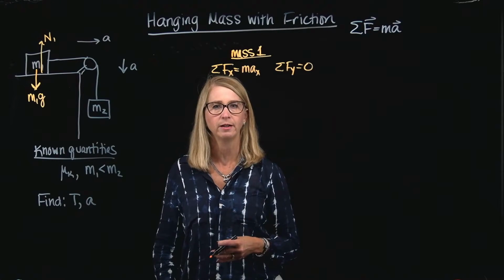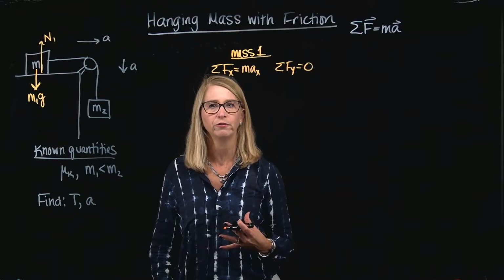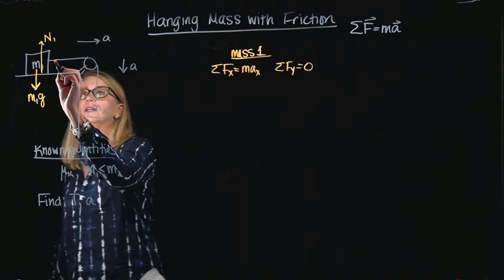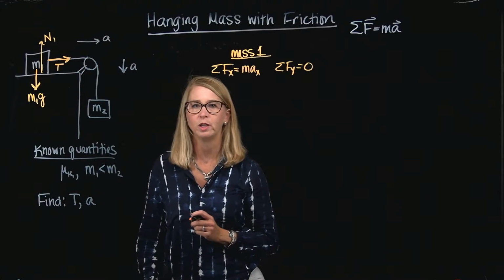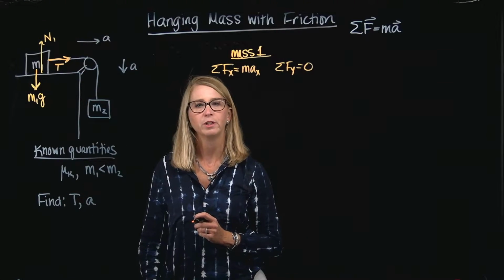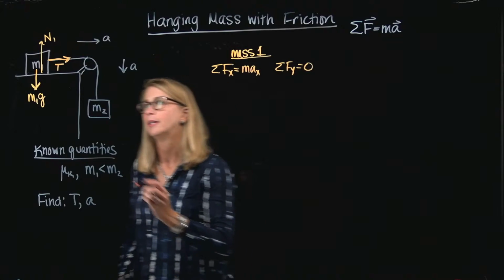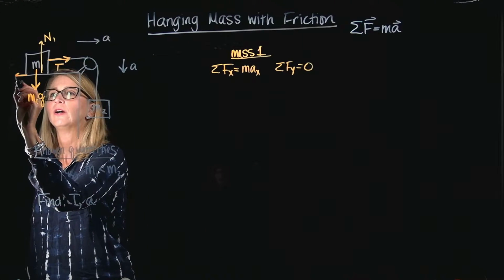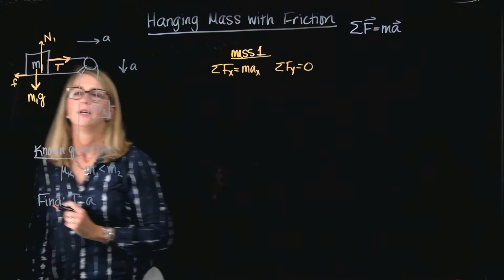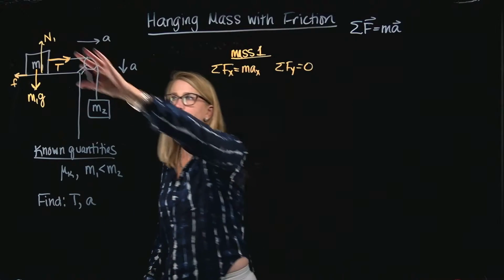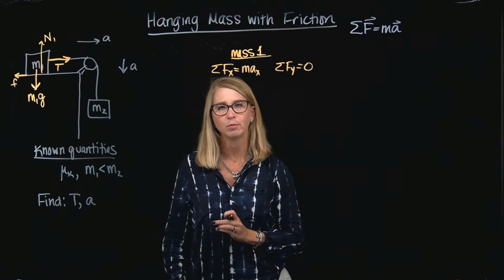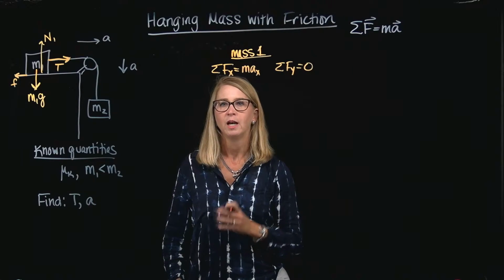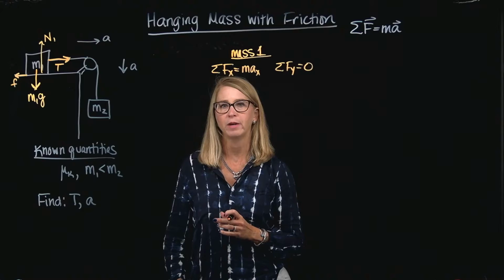There's two masses here, and if I don't label them, I'm going to get all confused. The rope is going to pull mass 1 in this direction because ropes can't push. And because we already know that the object is moving in this direction, the frictional force has to act in the opposite direction. I've labeled all the forces acting on mass 1.